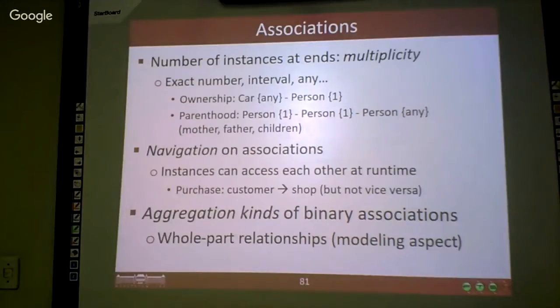So one person can have any number of cars. But the parenthood is just one person with one other person, and they can have any children. So the mother, father, and their children. So you can use multiplicity for this purpose.